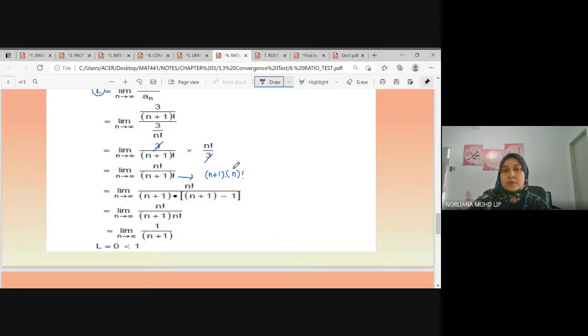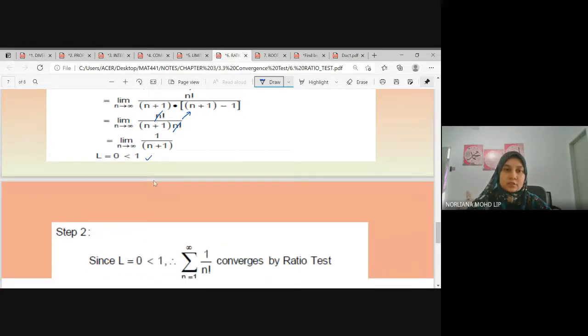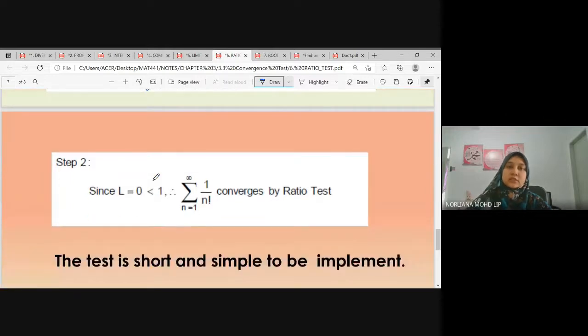N plus 1 minus 1 is equal to n lah. That's why kita dapat n factorial. Ni daripada sini. So ni boleh cancel. Dapat 1 over n plus 1. And then substitute n equal to infinity. So we get 0. L equal to 0, which is less than 1. So it is converge. By using the ratio test.